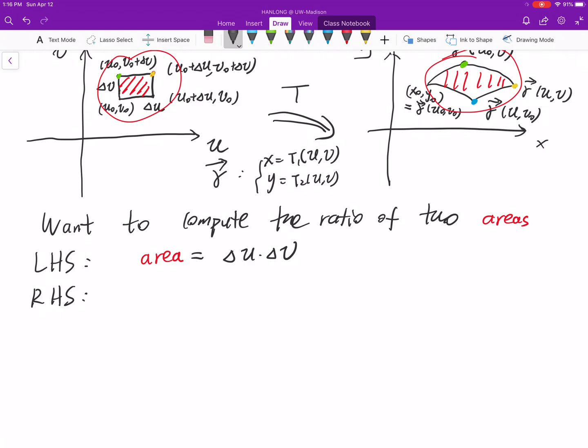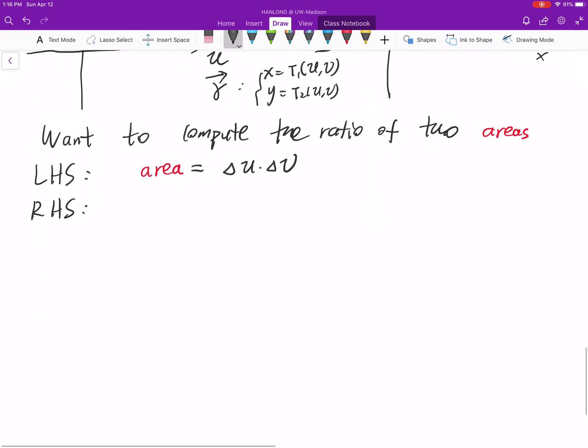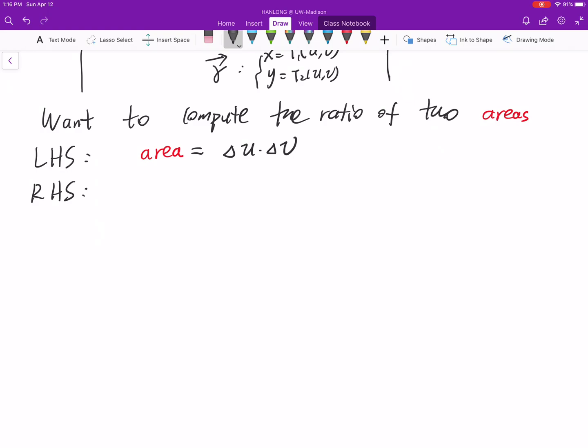However, since we're in calculus class and we assume the original one is infinitesimal, then we can approximate by some small rectangles. So this is your original one. A bad drawing. And then here you take the tangent vectors and then you construct this one.